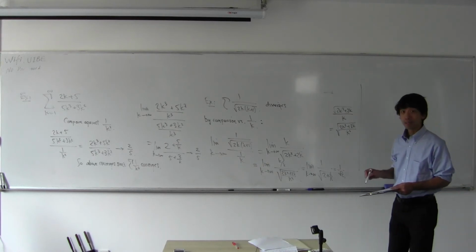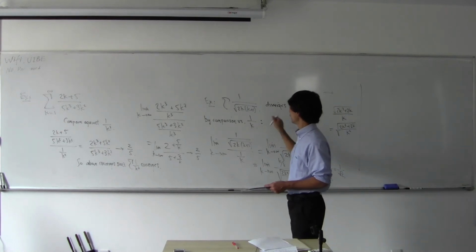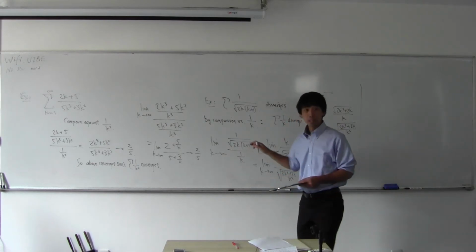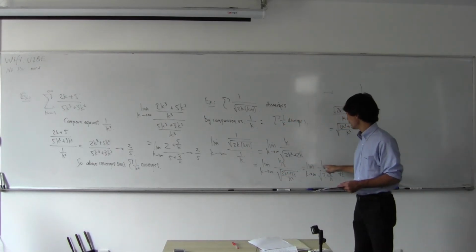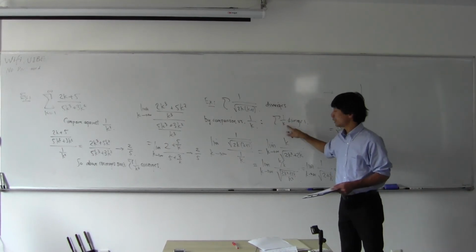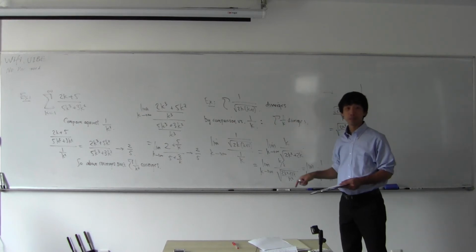Why it diverges? Well, because this thing diverges. Summation 1 over k diverges. You do the limit comparison. The limit comparison says that this thing will converge if and only if this thing converges. But this thing diverges, so this thing also diverges.